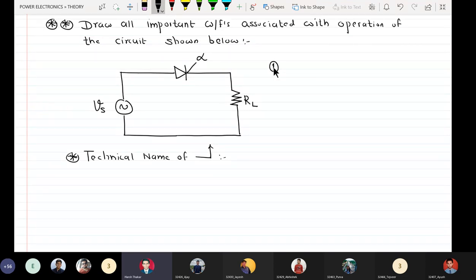First, it is a watt energy to watt energy converter.